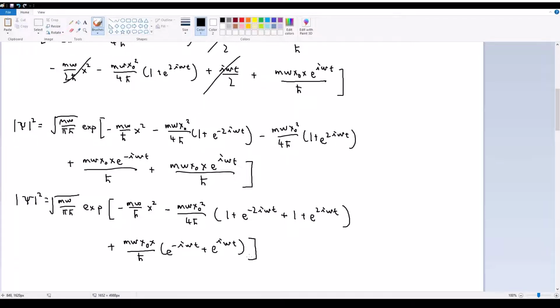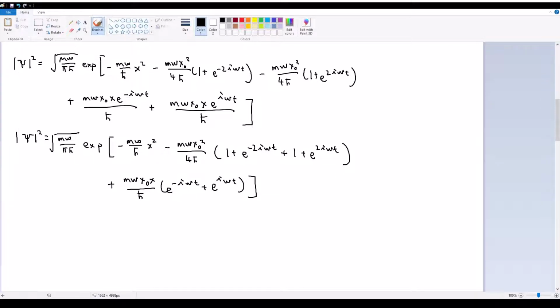Cap this off. And at this point, we can start taking advantage of the fact that these look very similar to trigonometric properties. Because remember, we can convert between complex exponentials and standard trigonometric functions. And that actually might make our resulting expression a little bit simpler. So magnitude psi squared is equal to square root m omega over pi h bar.